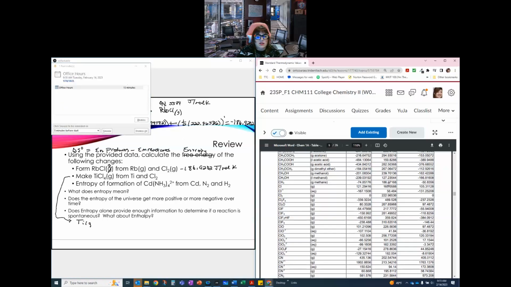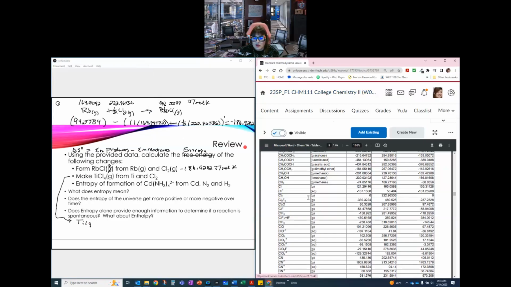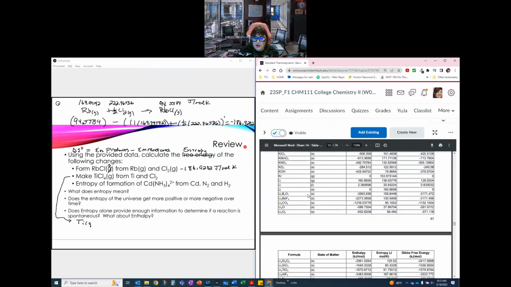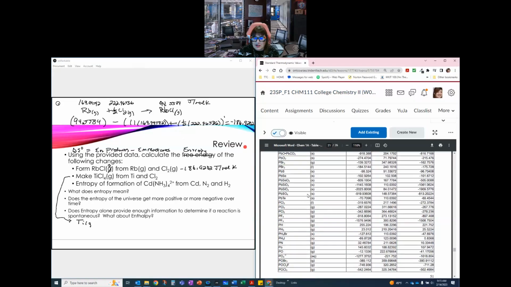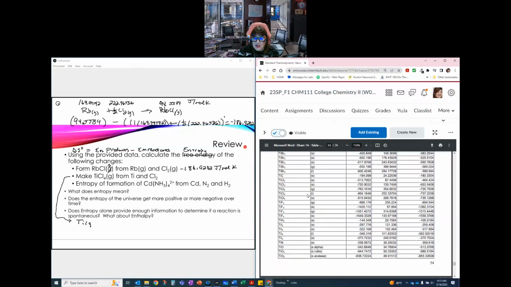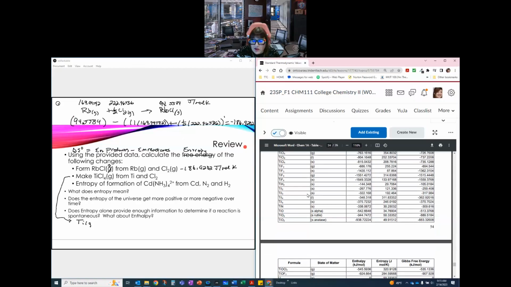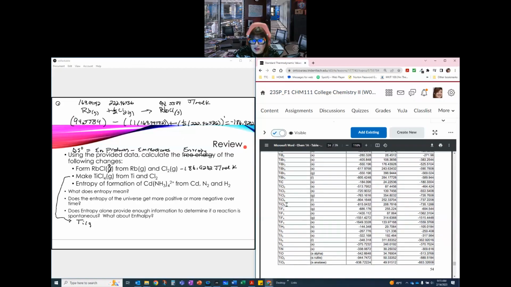Let's see what we have for Ti. So let's go look for our Ti. Who else has to say the alphabet to themselves to make them find it? Okay, now I didn't say, so I want TiCl4 gas, which is this one right here.